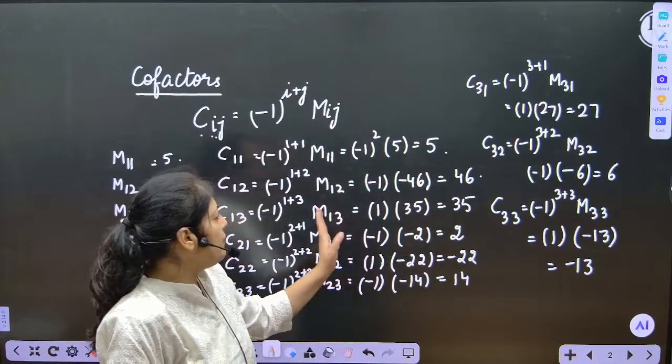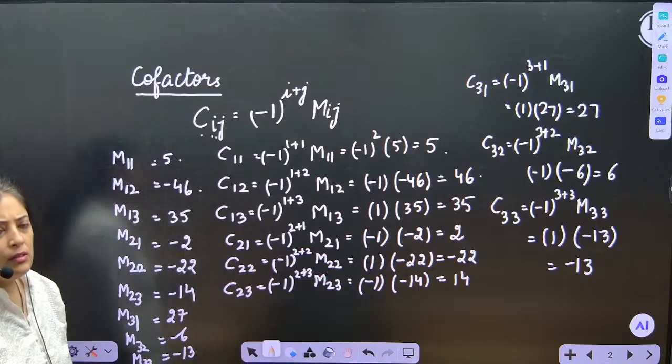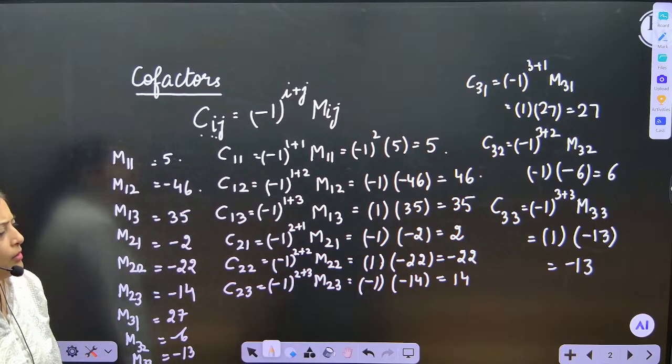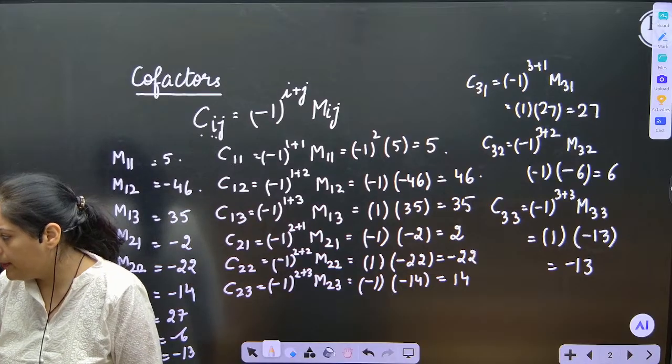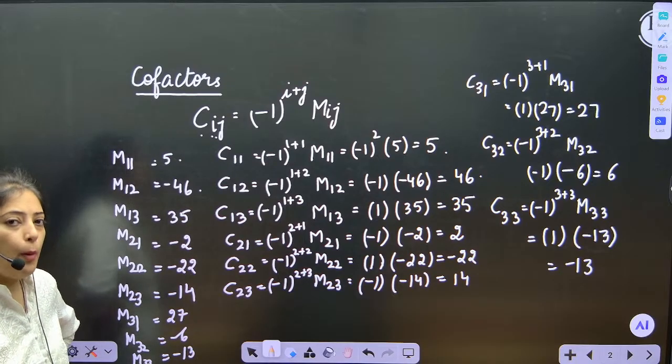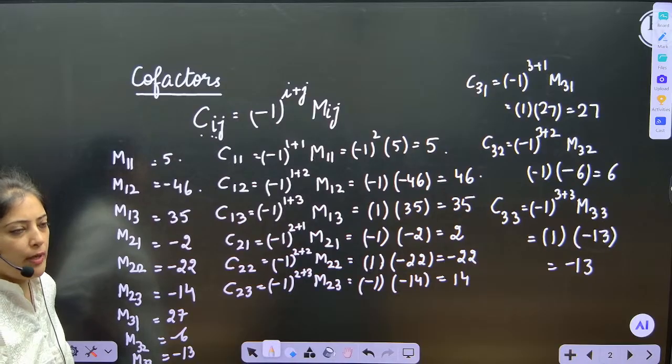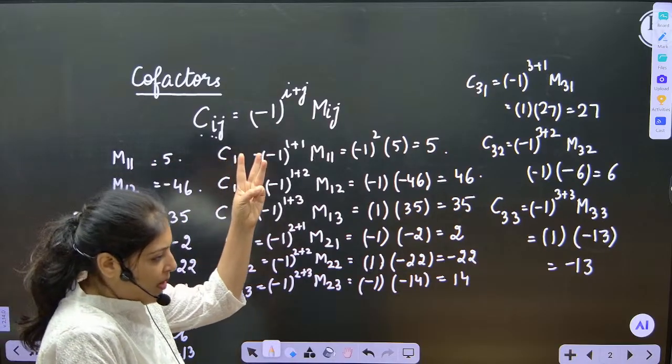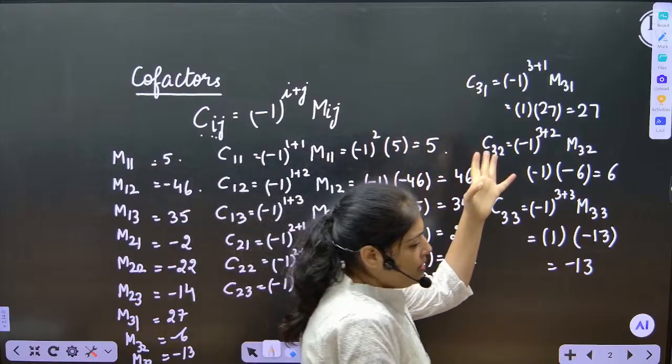I hope all of you have written this. Write it quickly so that I can start with the properties also. Properties of adjoint. So today we have done 3 topics: minors, cofactors and adjoint.